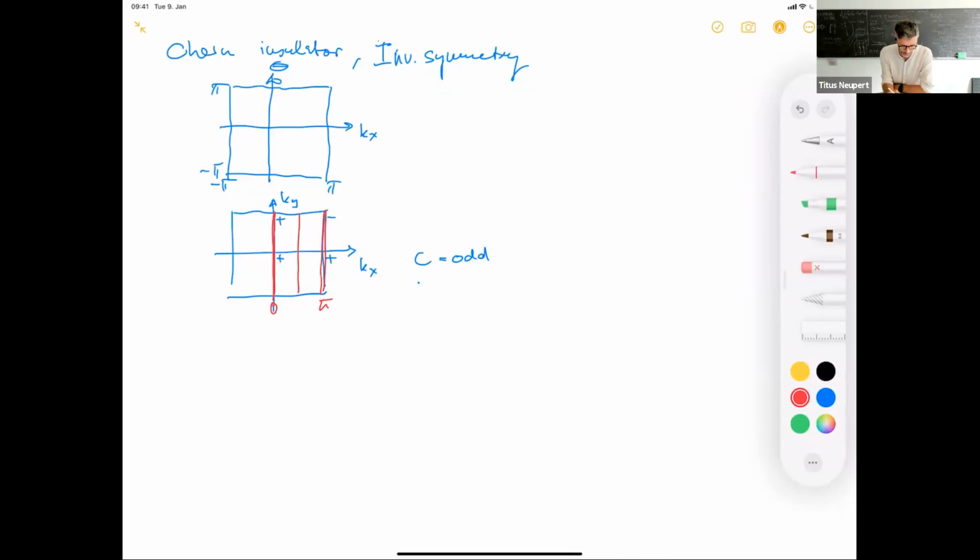That's the trivial phase of the SSH model, and the polarization will be 0. The one at pi is the interesting topological one, and the eigenvalue by inversion symmetry is pinned to pi. Now you have to complete this in an inversion symmetric way, if the whole system is inversion symmetric. Remember that theta of k is equal to minus theta of minus k by inversion, or C2, and there you go.